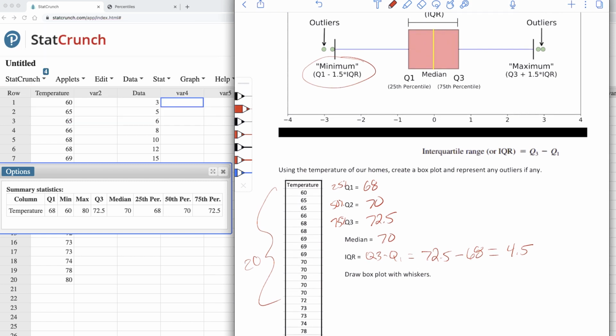So the Q1 would be 68 minus 1.5 times the IQR, which is 4.5. And then let's find the maximum, or Q3. Q3 would be 72.5 plus the 1.5 times the 4.5. And I'll use a calculator to do this.